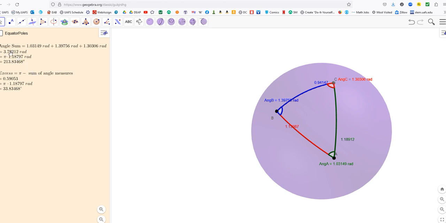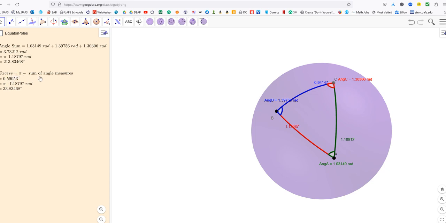Well, there's the angle sum. It's 3.7 something. That's bigger than 3.14, bigger than pi. It's almost 1.2 times pi. Or in degrees that adds up to 213, almost 214 degrees, more than 180 degrees.